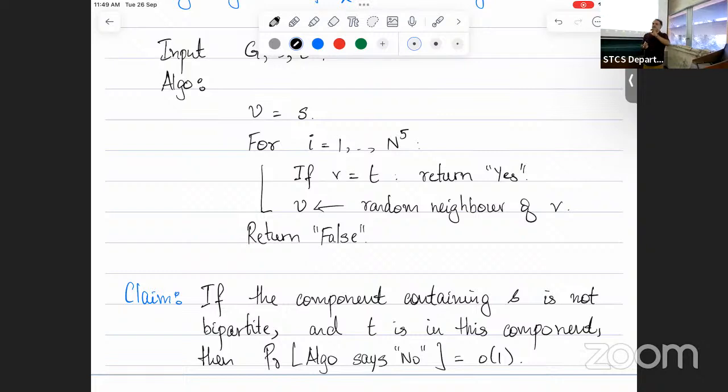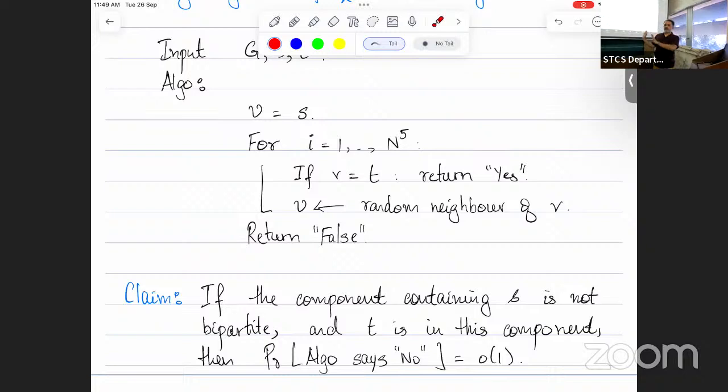Let's for the moment assume that that connected component is not bipartite. And I want to say if T is in this component, this algorithm outputs the answer no with very, very small probability. The chance that I miss T must be quite small.